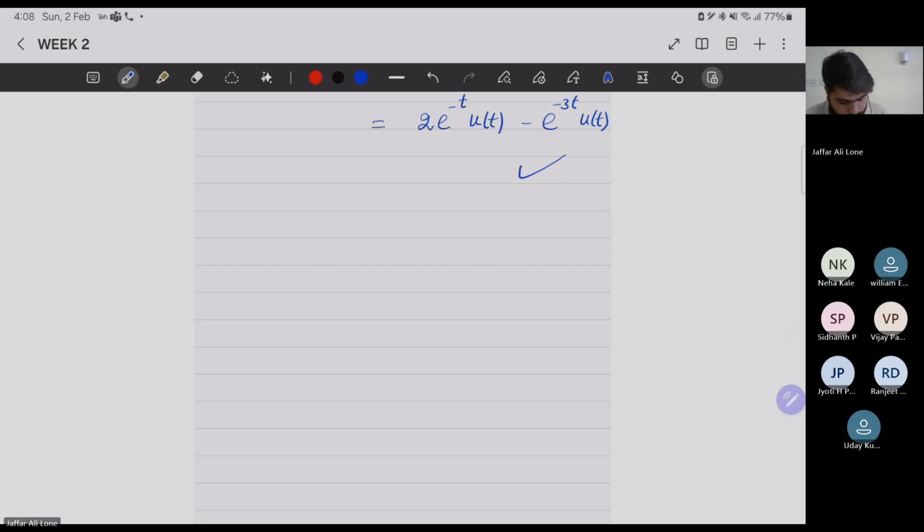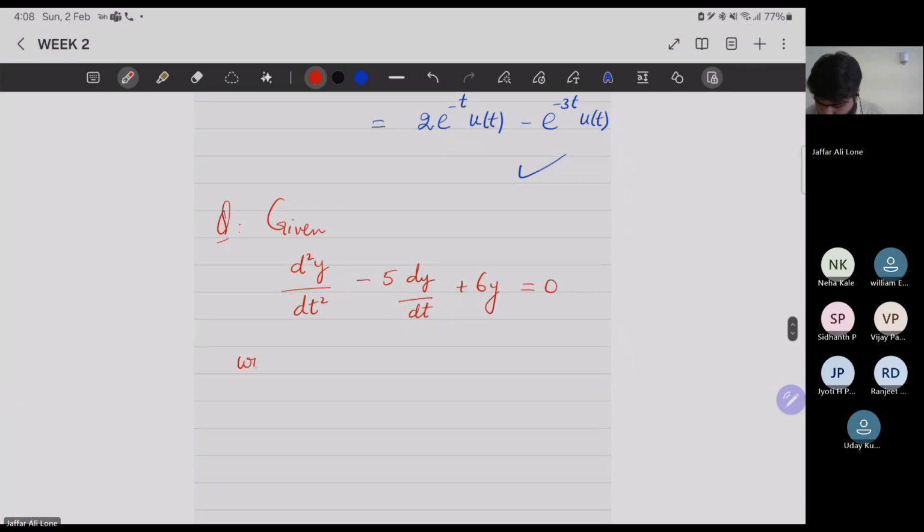The question is, we are given d2y over dt2 minus 5 dy by dt plus 6y is equal to 0, with y at 0 equal to 2 and y dash at 0 equal to 2.